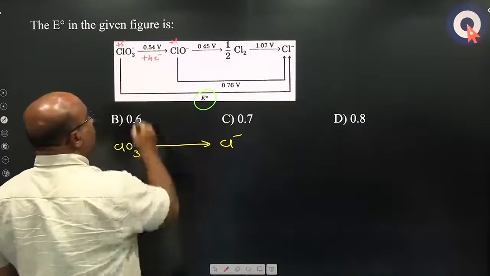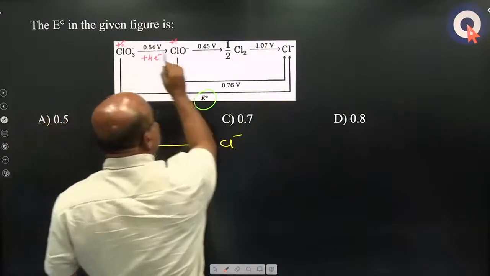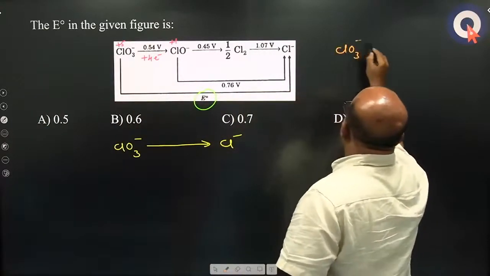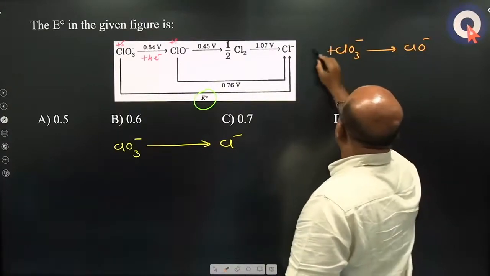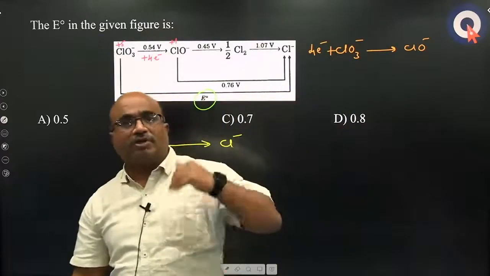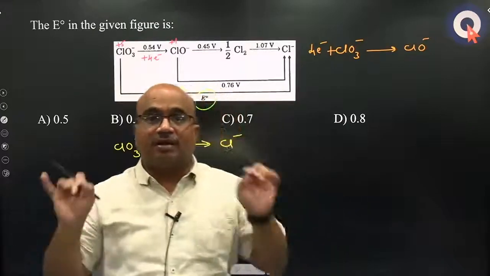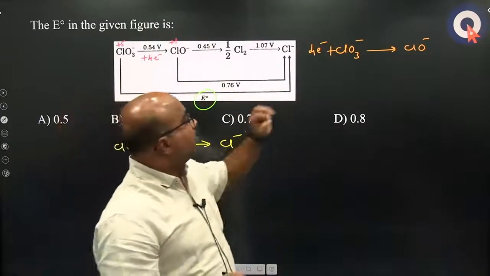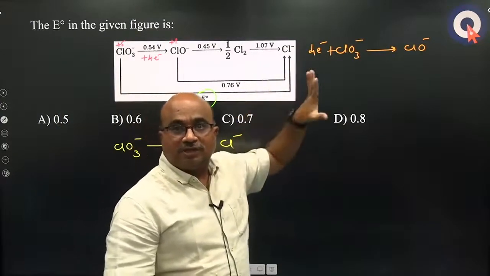So when you write the half cell reaction at this stage, what is the reaction maybe? That is ClO3 minus converting into ClO minus, with 4 electrons. You have to balance the reaction now with respect to the charges and with respect to the acidic or basic condition, but the number of electrons in the half cell reaction will not be affected, because it depends only on the change in the oxidation states.